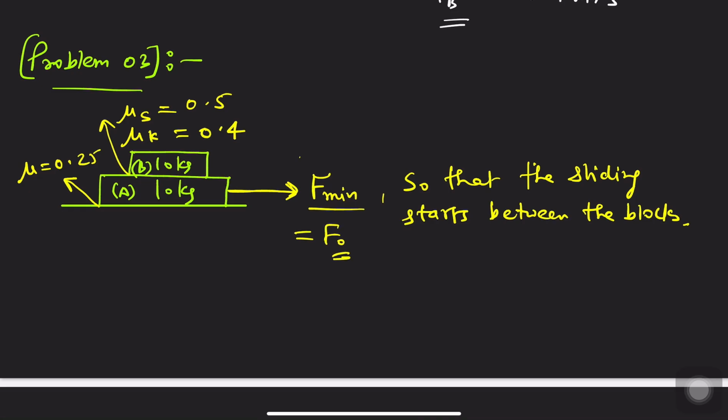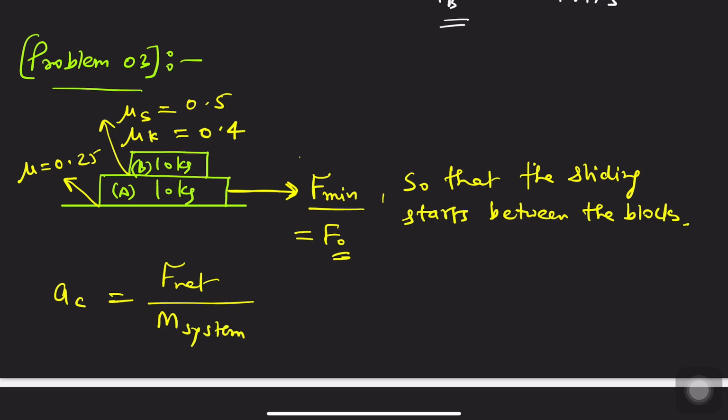First thing, I'll consider them as a system and assume that they are moving together. So I have considered block A and block B as a system. Now I'll have to calculate the net acceleration, the A common. So A common is F net divided by the mass of the system.